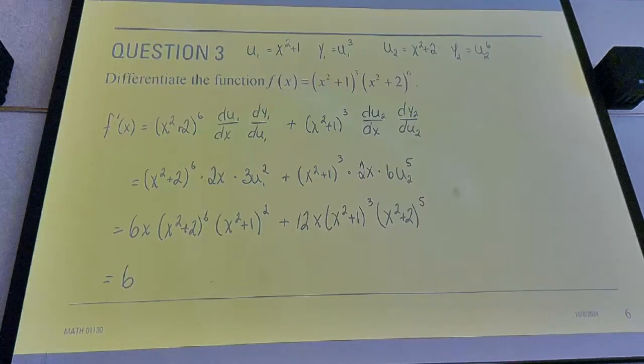So it's the greatest common factor of x and x. X. Greatest common factor of x squared plus 1 squared and x squared plus 1 cubed. Greatest common factor, x squared plus 2 to the 6th and x squared plus 2 to the 5th.